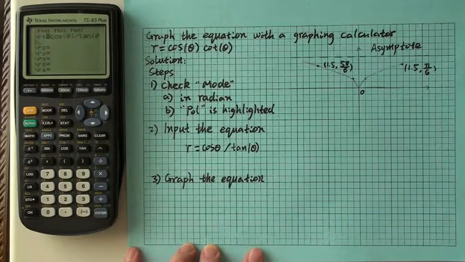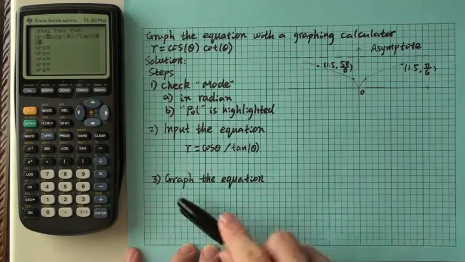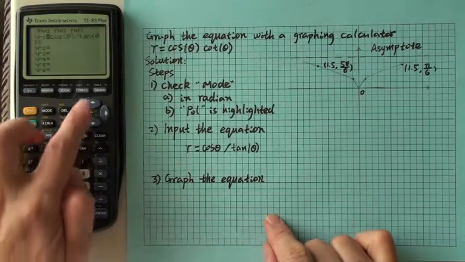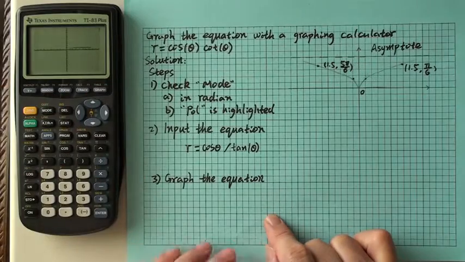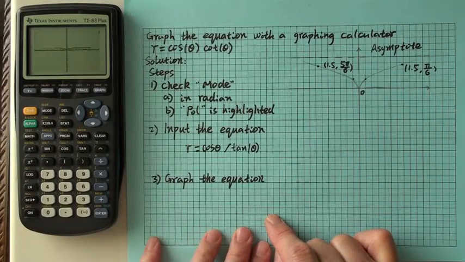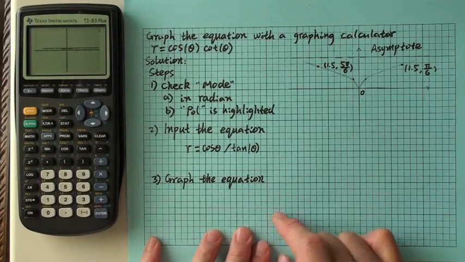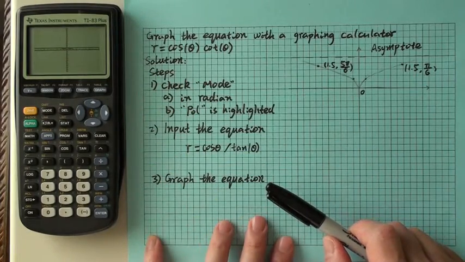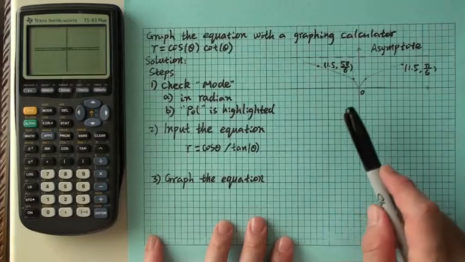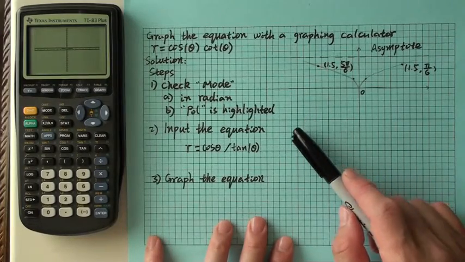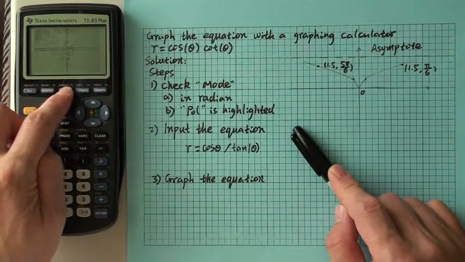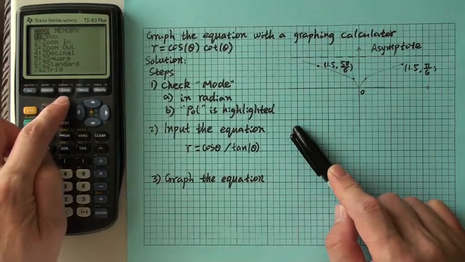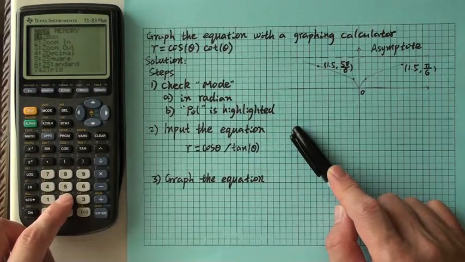And now you can graph it. You hit the graph, it gives you the graph. But you have no idea what it looks like. Now you want to zoom in. Click on zoom, and then second.